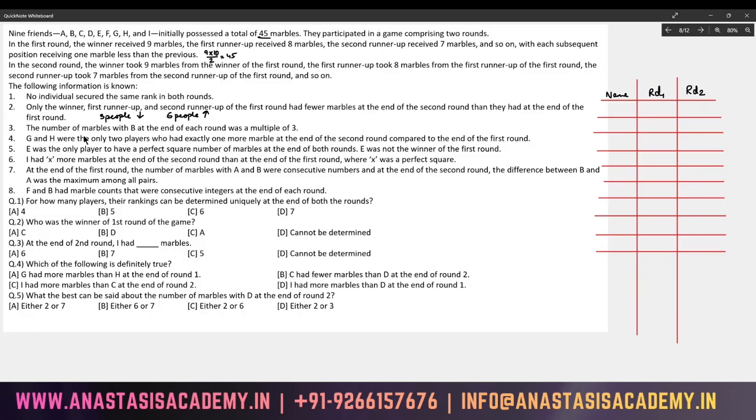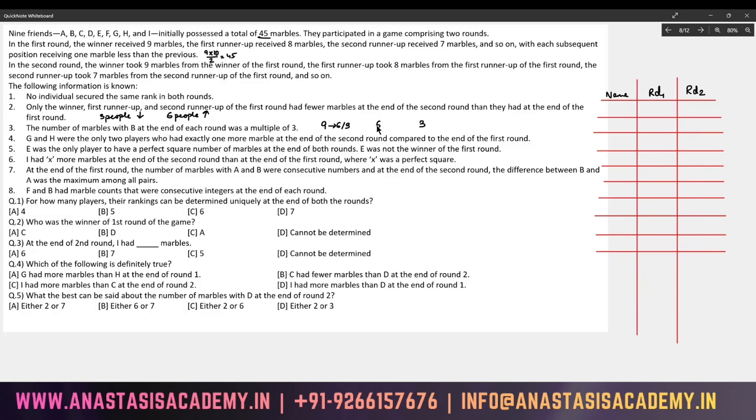Next, the number of marbles with B at the end of each round was a multiple of 3. Now this is interesting. Maybe B had 9 in the first round, or maybe 6, or maybe 3. If he had 9 in the first round, in the next round his number should go down because he is among the 3 people whose score should go down. So in the second round, it should be either 6 or 3.